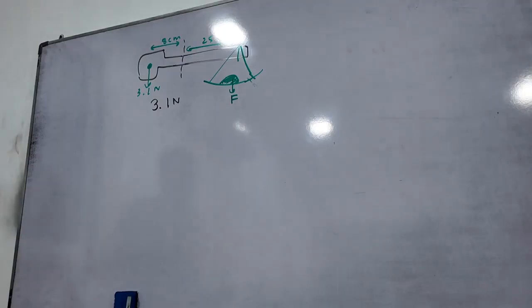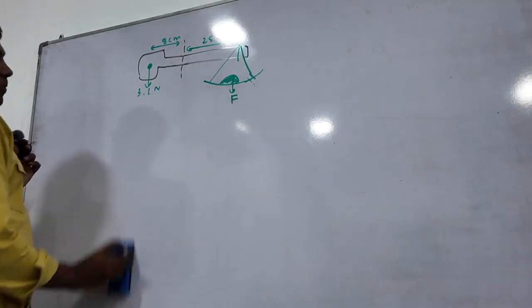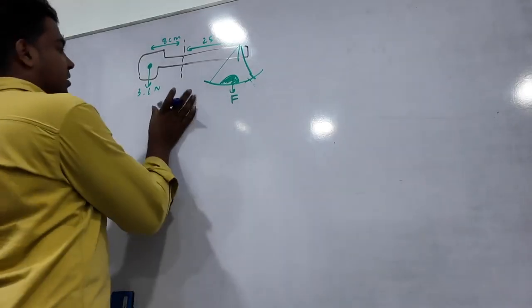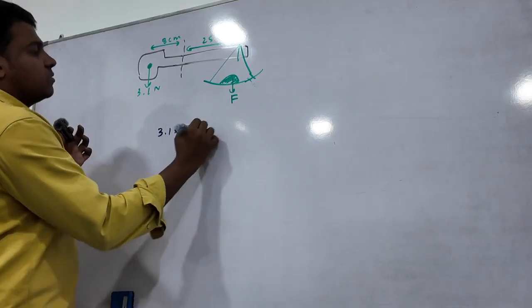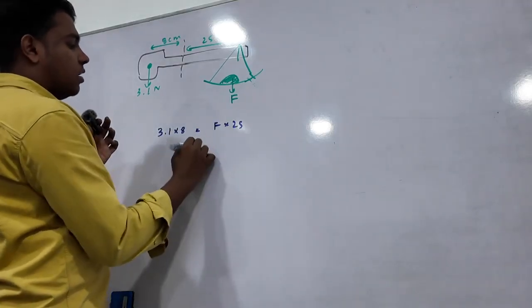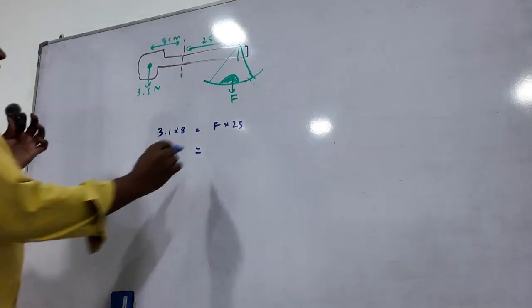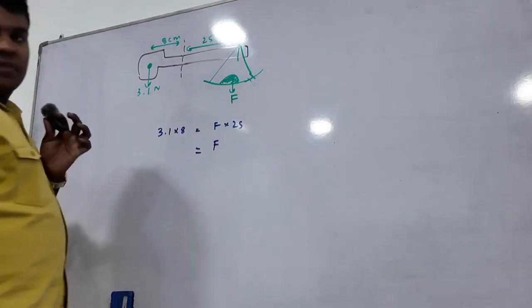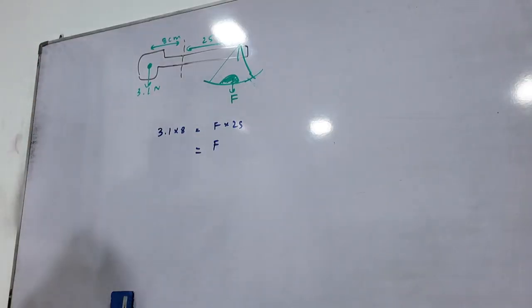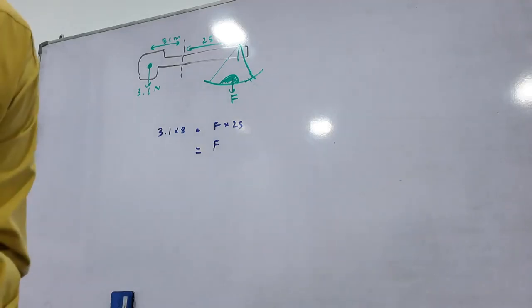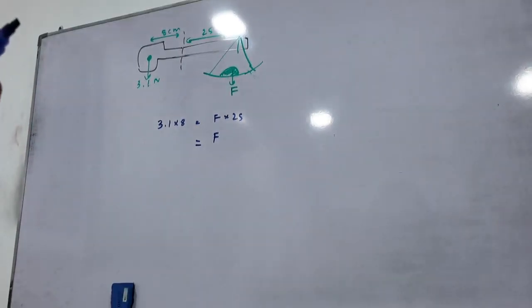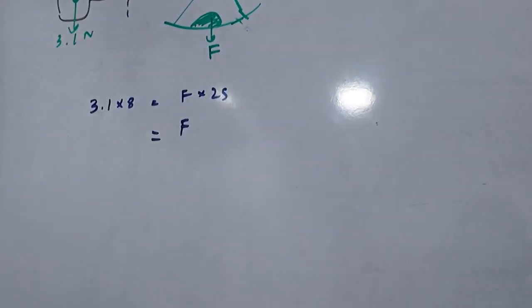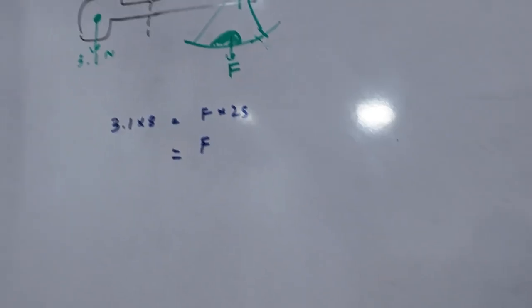Can you see? If I were to apply the principle of moments and they are saying this is in equilibrium, 3.1 times 8 equals f times 25. So what is f? Rumika, can you tell me what is f? That's the weight of the dish and the rice. Find f and tell me what is f.